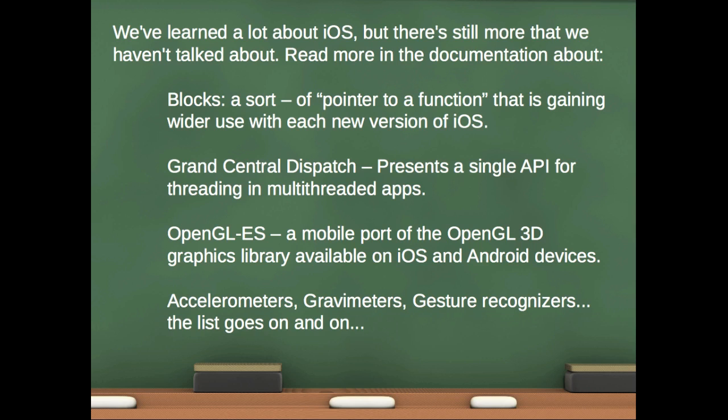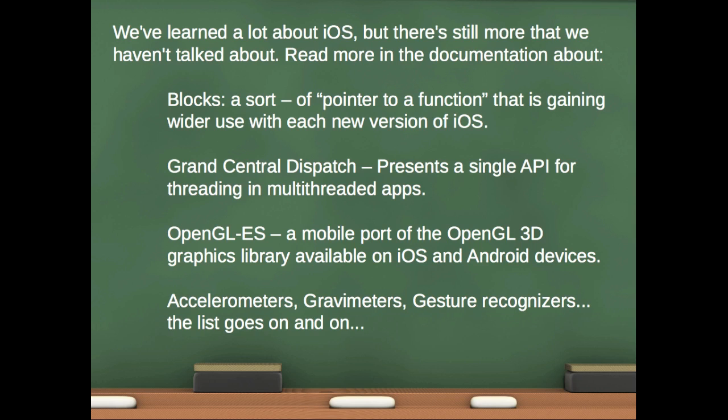We can even have a pointer to a nameless function, like a lambda function, that is gaining wider use with each new version of iOS. Blocks are being used certainly in Grand Central Dispatch that we're about to talk about, also in animation techniques. It seems that Apple keeps adding more and more stuff that will happen in blocks. So look up some block information.